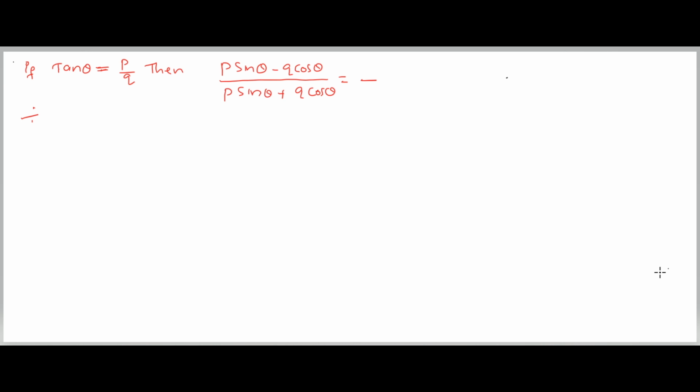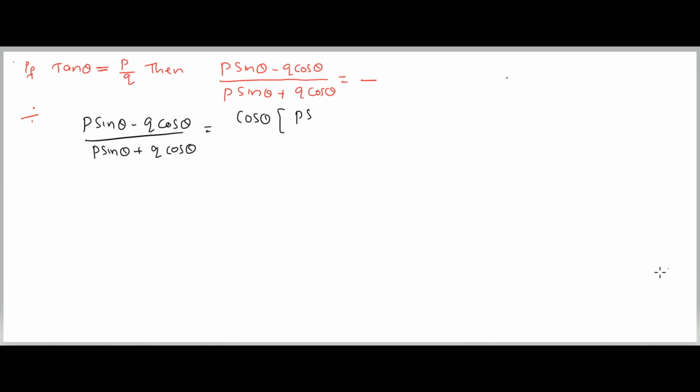If tan theta is equal to P by Q, then find the value of P sin theta minus Q cos theta by P sin theta plus Q cos theta. That is, P sin theta minus Q cos theta by P sin theta plus Q cos theta. Take cos theta common in numerator and denominator.